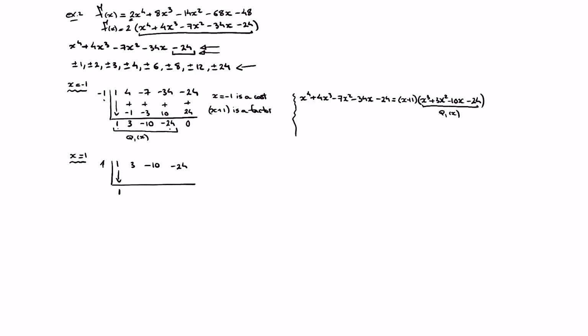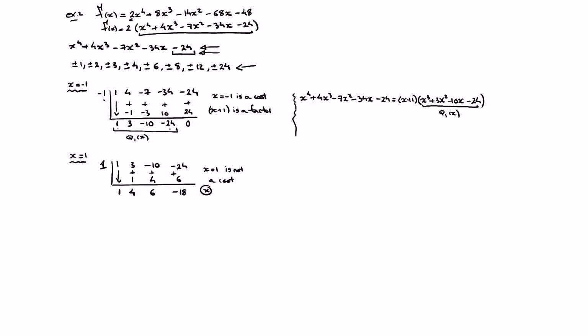So we carry down the 1. 1 times 1 is 1. 3 plus 1 is 4. 1 times 4 is 4. -10 plus 4 is 6. And 1 times 6 is 6, of course. Finally, -24 plus 6 leads us to -18. So x equals 1 is not a root. So we can just put a little cross there.